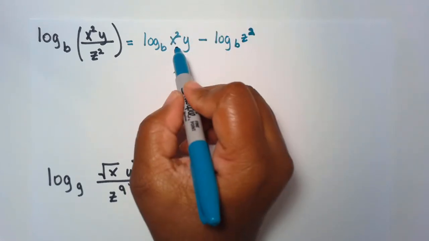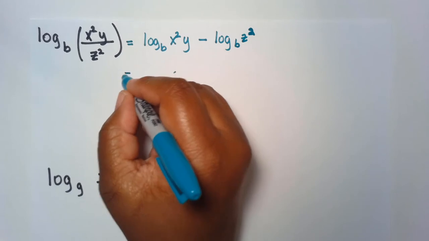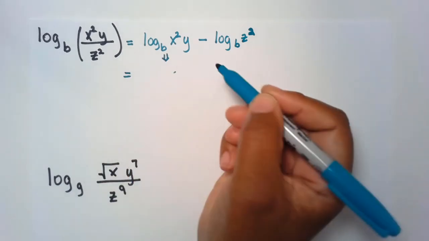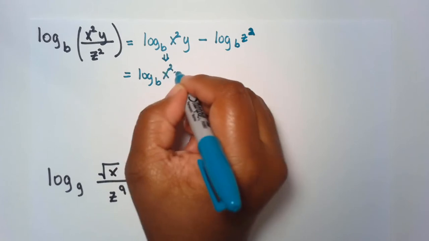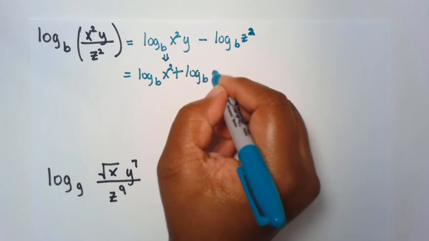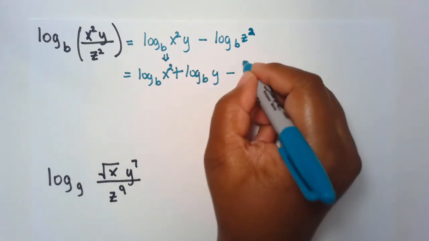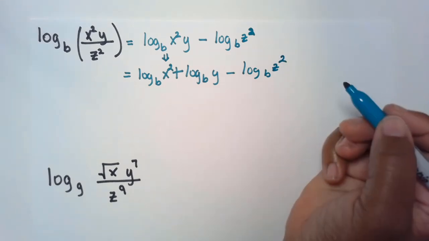Then let's use the product rule where we're going to add. So converting this first log here, we have log base b of x squared plus log base b of y, bring down the minus log base b of z to the second power.